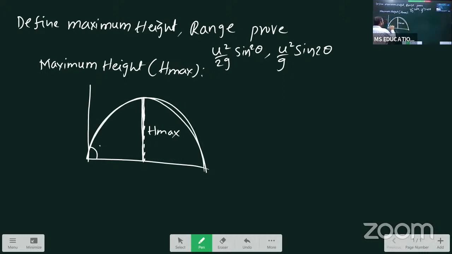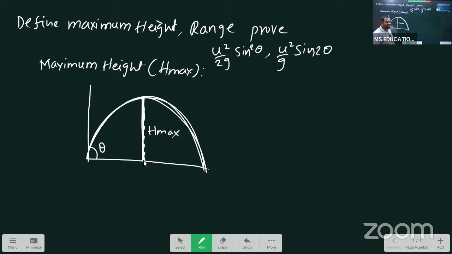Yesterday I gave projectile. What is the meaning of projectile? A body projected other than 90 degrees. A body making angle in between 0 to 90 degrees, meaning less than 90, not equal to 90. That is projectile. So a projectile path like this is obviously a parabola.